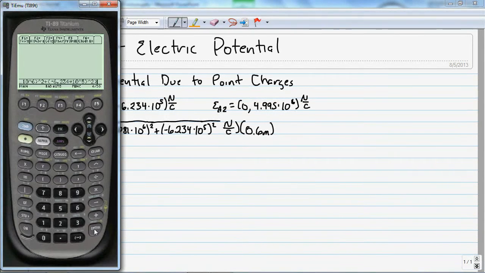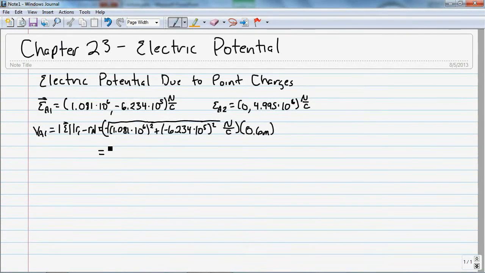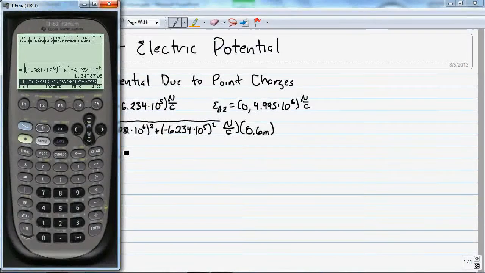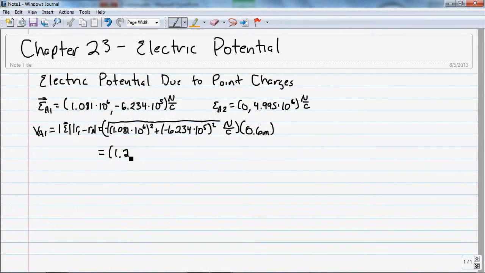Okay, so that's all typed in, and hit enter, and I get 1.248 times 10 to the 6th newtons per coulomb times 0.6 meters, and that is going to equal 7.489 times 10 to the 5th volts.